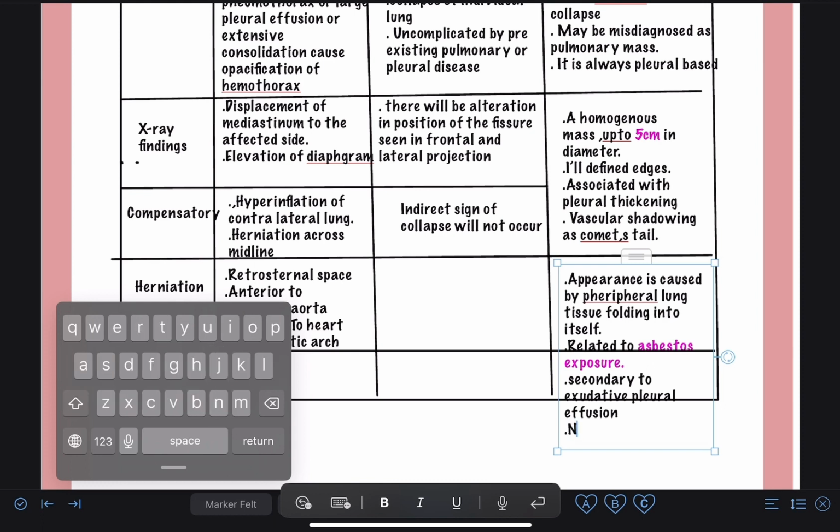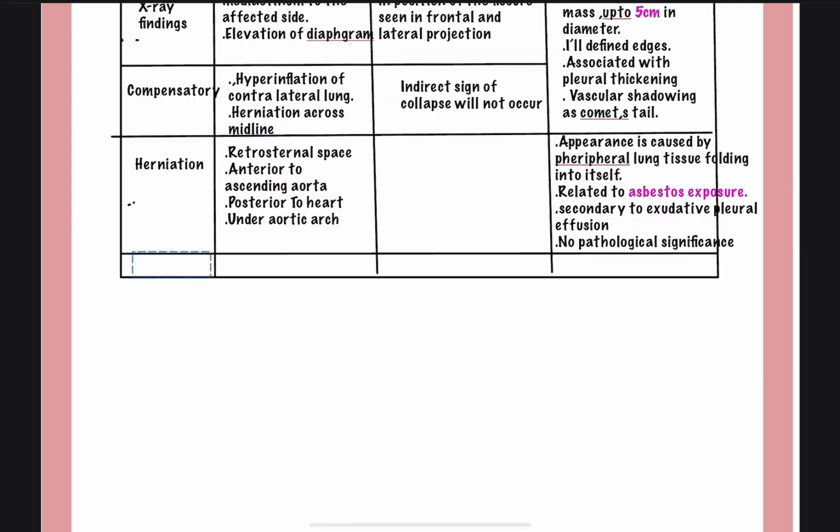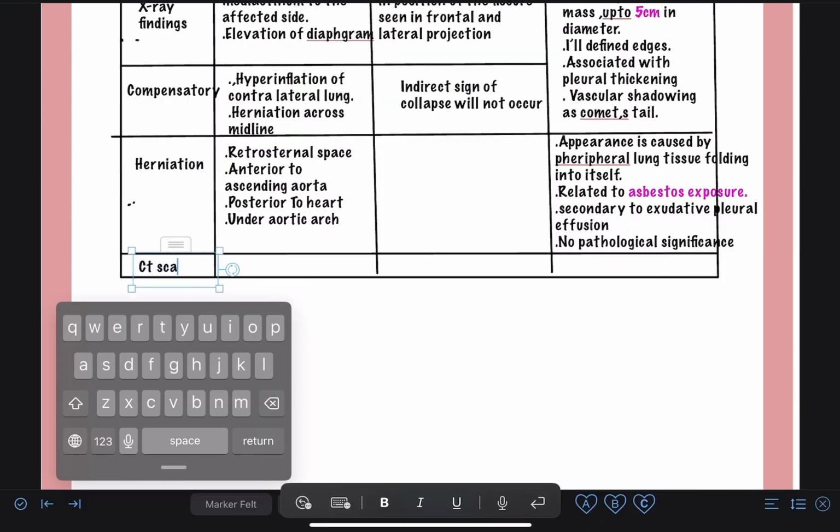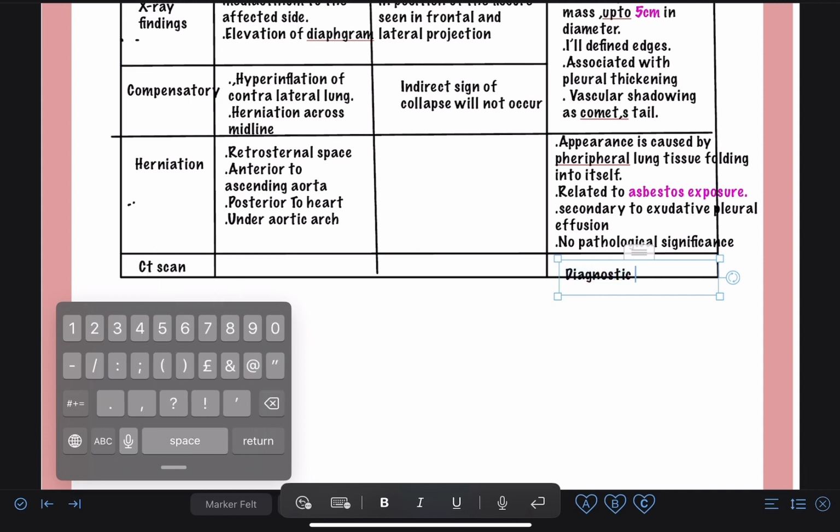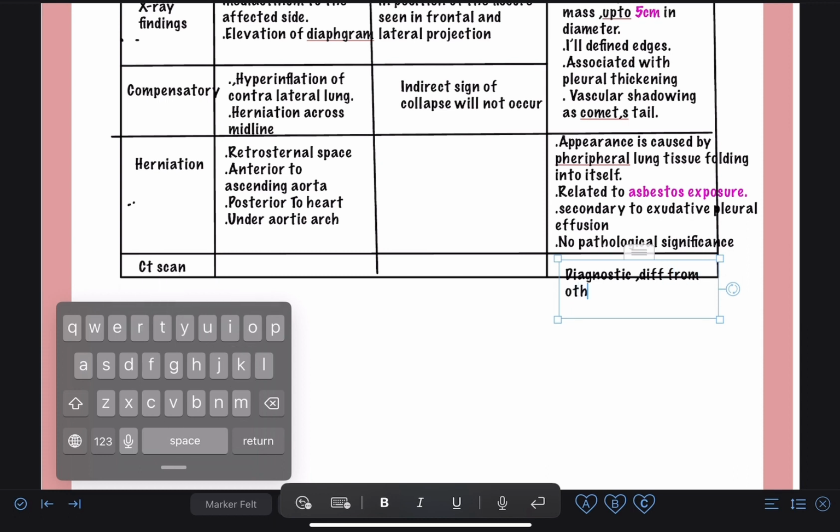There is no pathological significance. CT scan is the diagnostic feature for rounded atelectasis. It can differentiate it from other pulmonary masses.